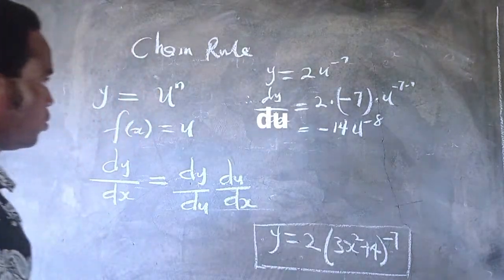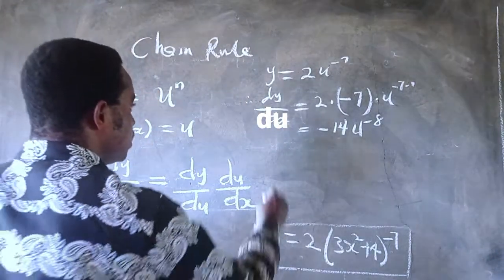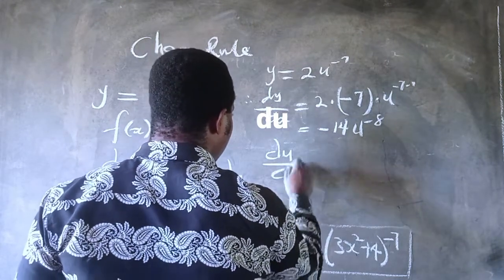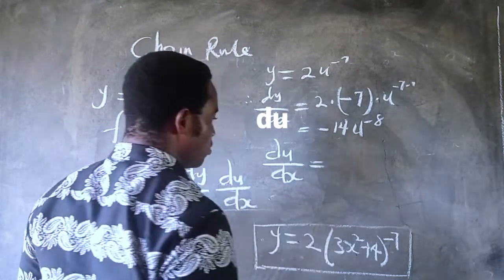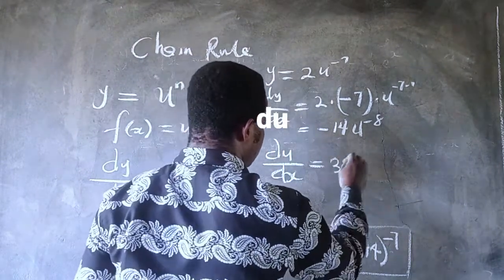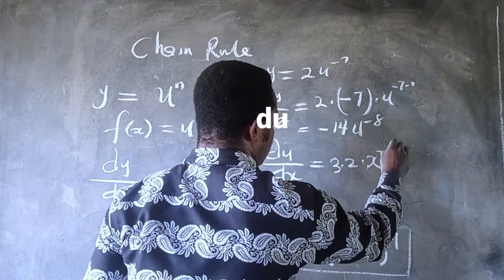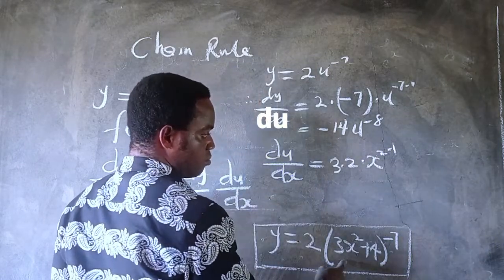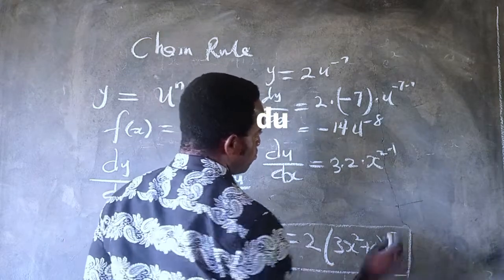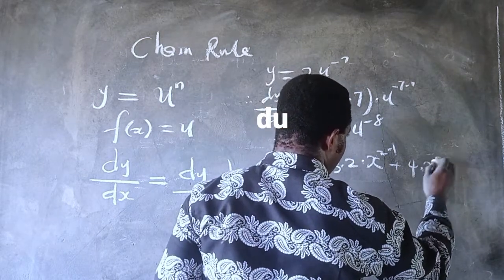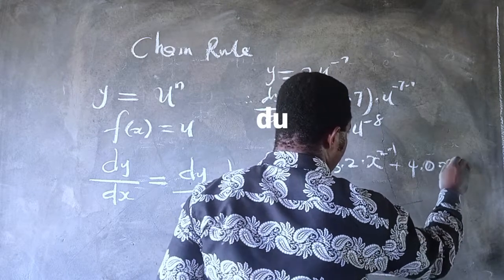Okay. Now we've gotten the dy/du in terms of u, of course. So what is the expression for the differential of u with respect to x? That is going to be 3 multiplied by 2 x raised to the power 2 minus 1. So you notice 4 is a constant. So let's write it anyway. We have 4 multiplied by 0 multiplied by x raised to the power 0 minus 1.